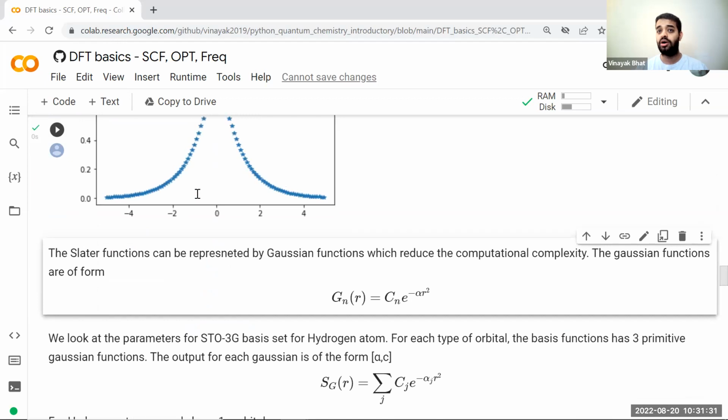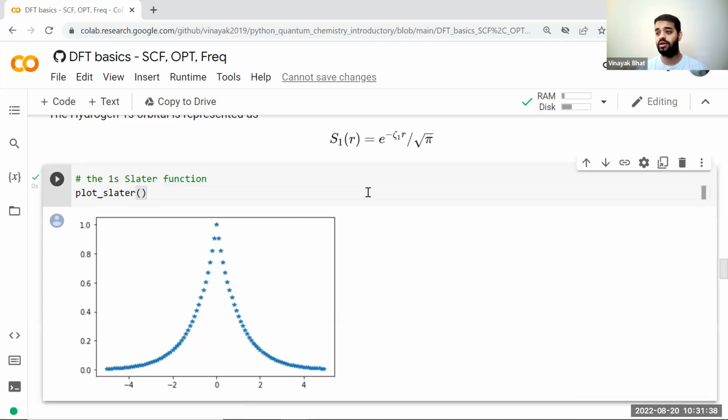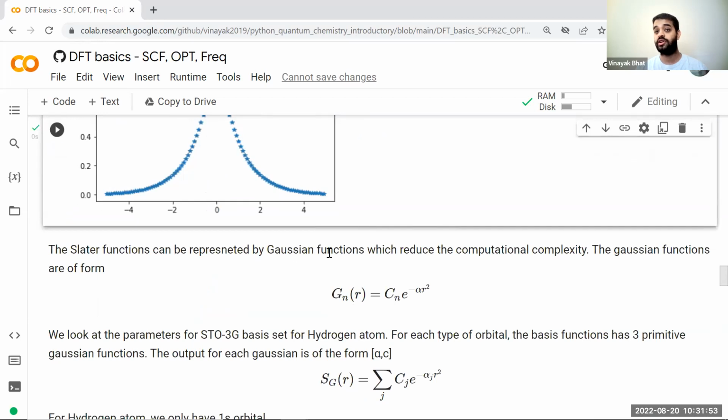We could have done that, but solving this equation and doing the stuff that DFT needs to do, we'll have a lot of integrals and differentiation and all of that stuff. Handling this is a bit complicated. So what people have found is that instead of using a Slater function, we could approximate the Slater function with some Gaussian functions.